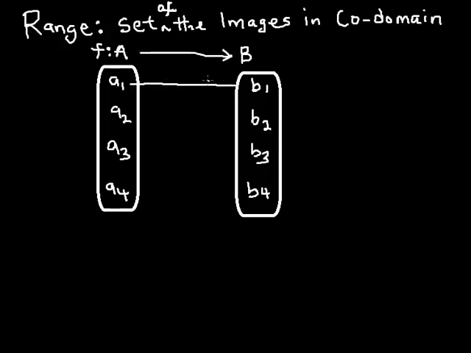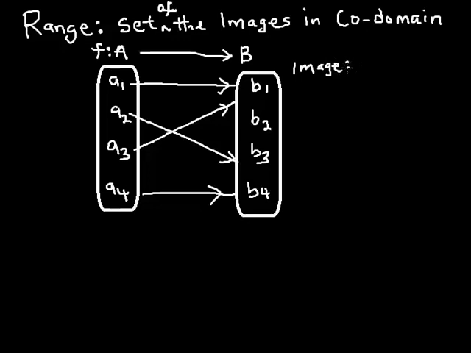Of course, this is how I did the mapping. I mapped A1 to B1. I remember mapping A2 to B3. Then I mapped A3 to B1. So you now discover that the set of the image of this particular function is simply the one that was already mapped.